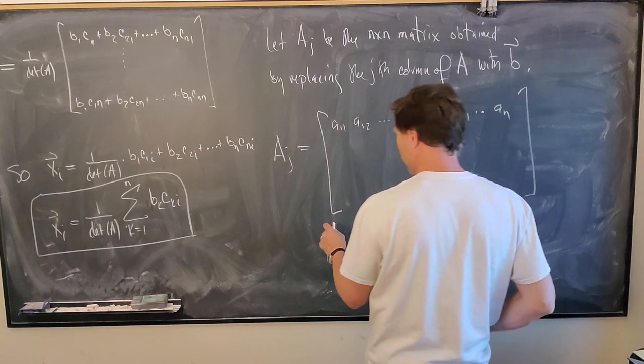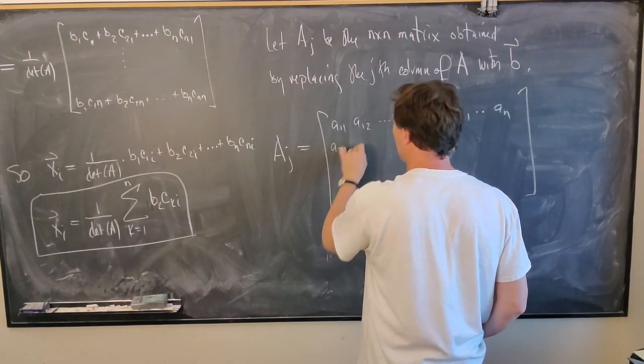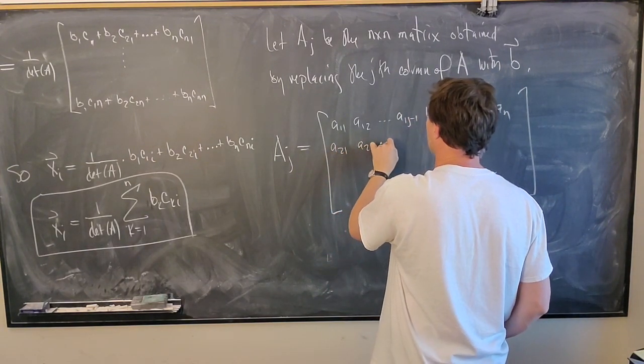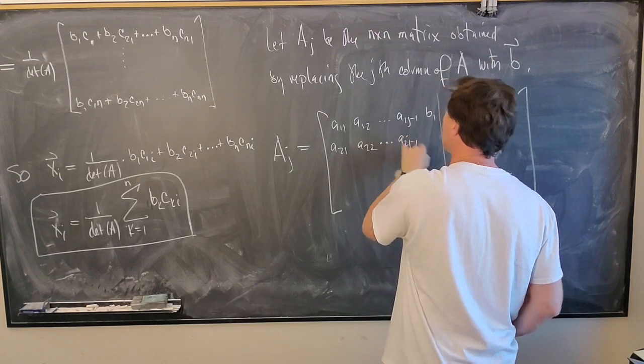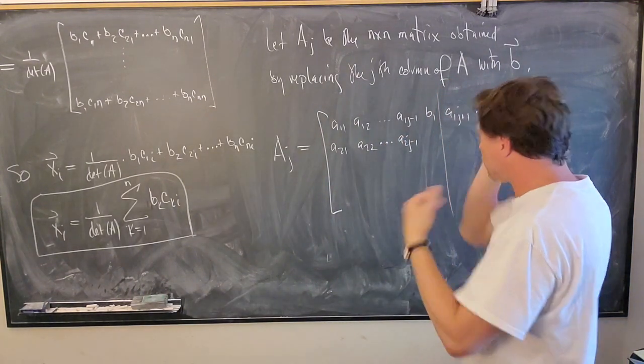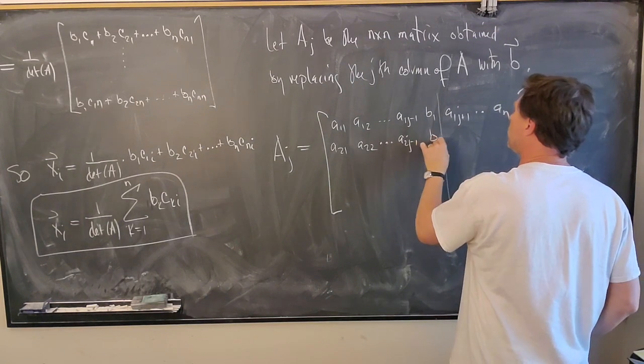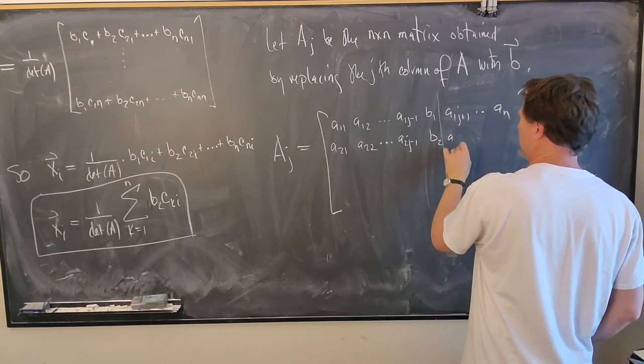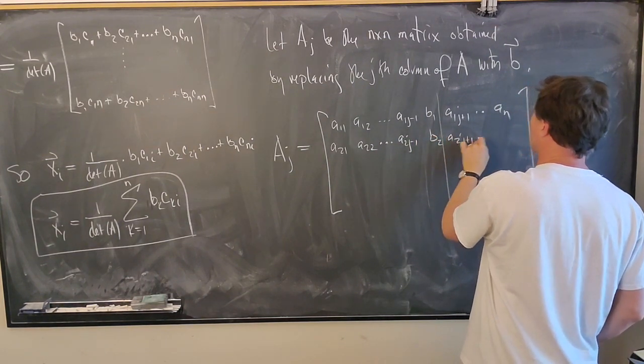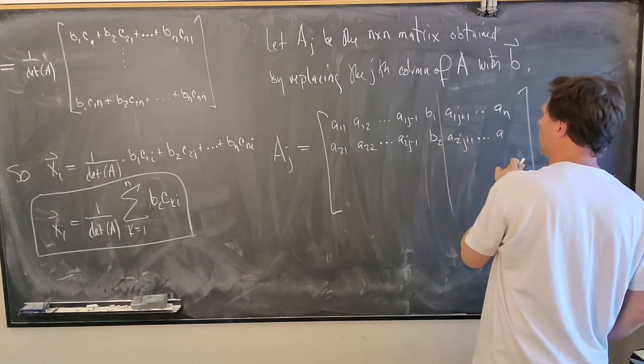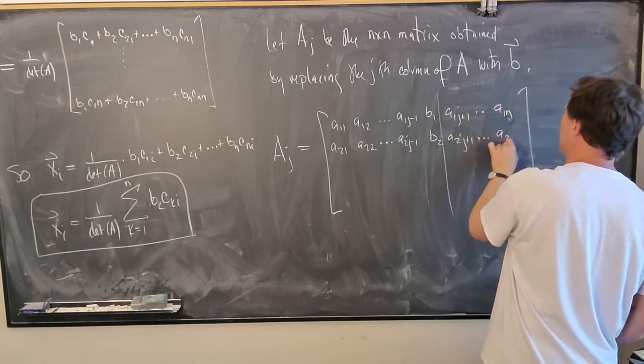Then we'll have A21, A22, dot, dot, dot, A2 j minus 1, B2, A2 j plus 1, dot, dot, dot, A2n.